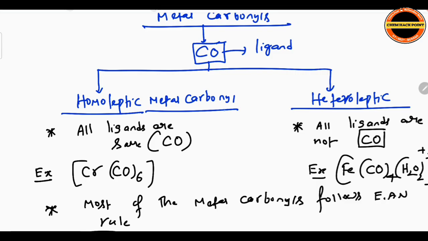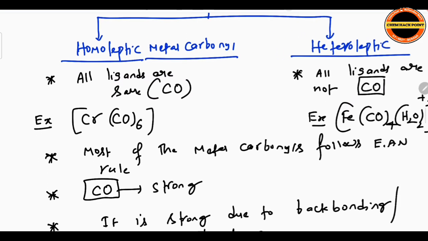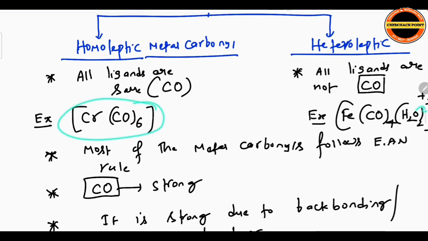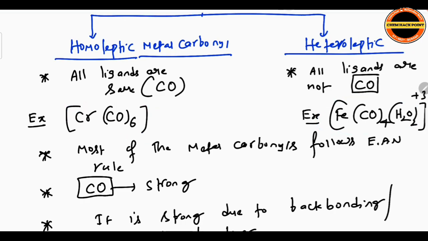In a homoleptic metal carbonyl, all ligands are of the same type, CO. Here all ligands are not CO; other ligands are available. Like this one is homoleptic, and here it is heteroleptic. If all ligands are of CO type, it is a homoleptic metal carbonyl. Heteroleptic means not all are CO; other ligands are also present like this.